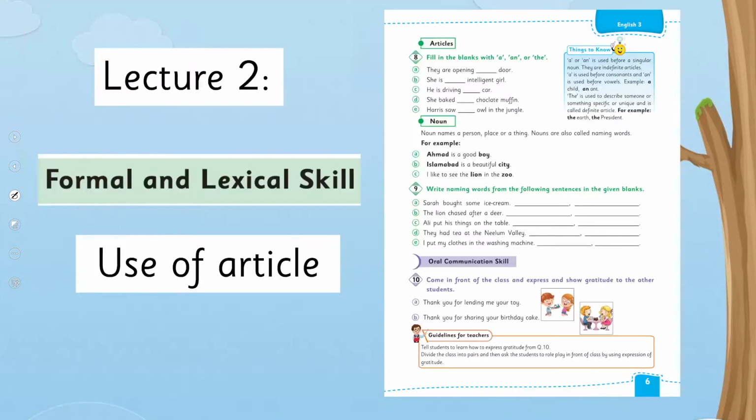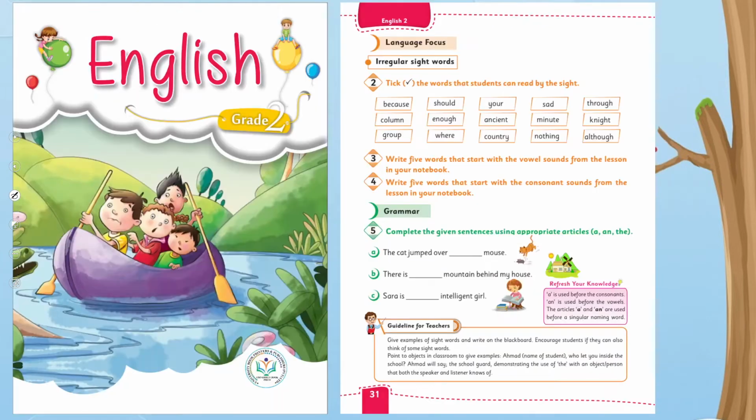Yes, my dear children. So today's lecture 2, under the title of Formal and Lexical Skill, we are going to learn about the use of articles. Before this, in English for grade 2, I have already taught you about the use of articles a and the. I hope you remember. If not, you may watch this video lecture again.